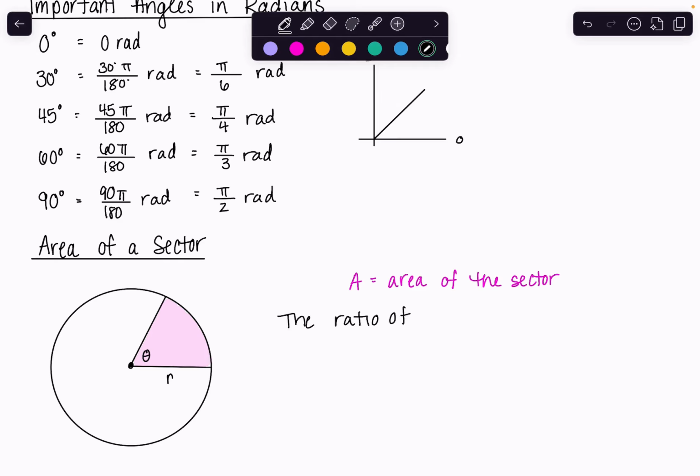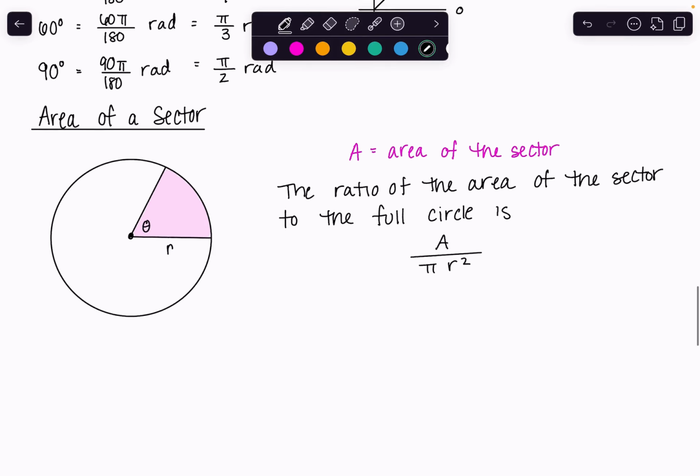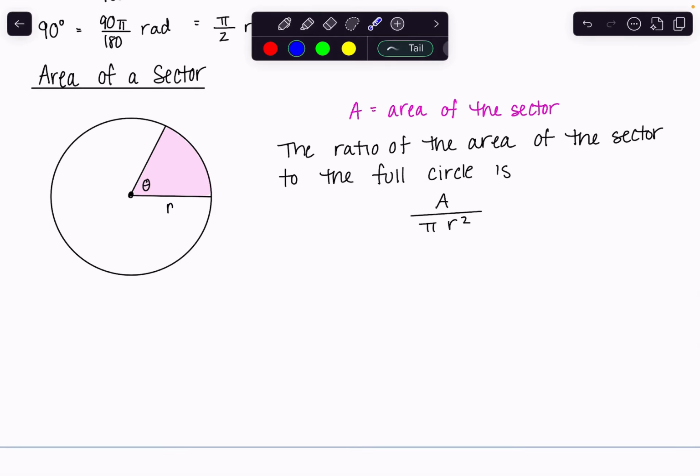So the ratio of the area of the sector to the full circle is whatever that area is over the area of a full circle, which is pi r squared. But then I'm going to look at the ratio of this angle to the full angle.